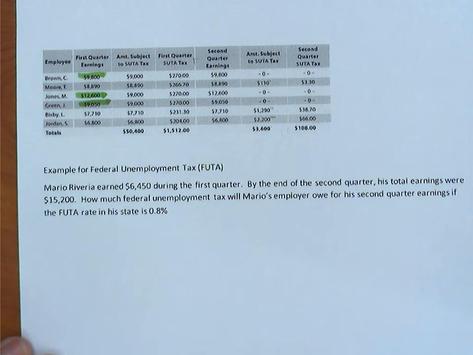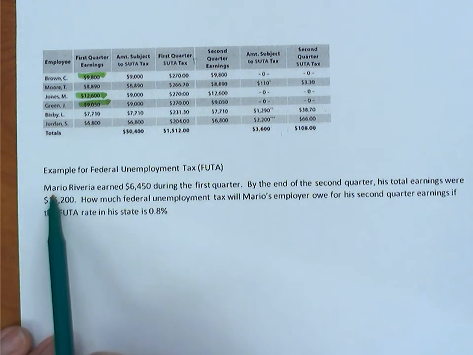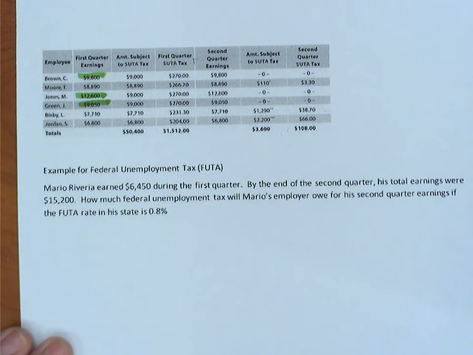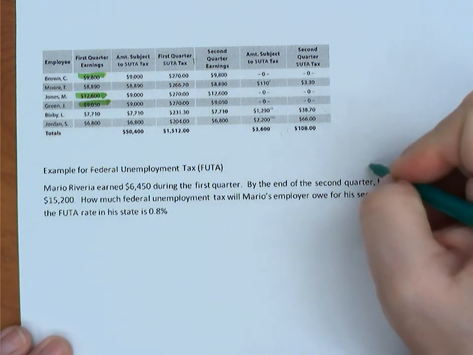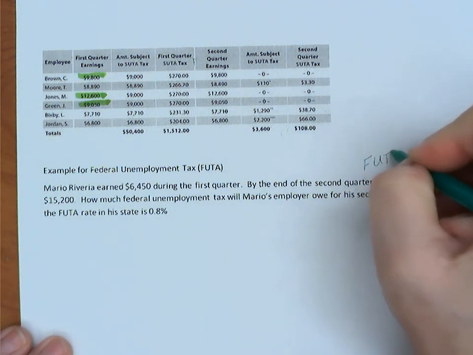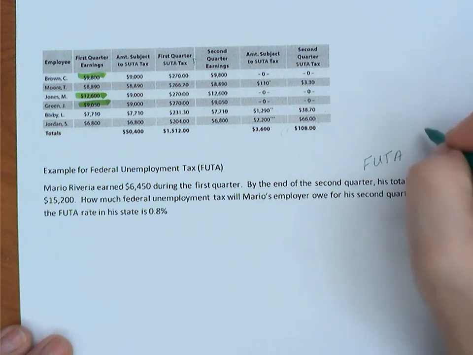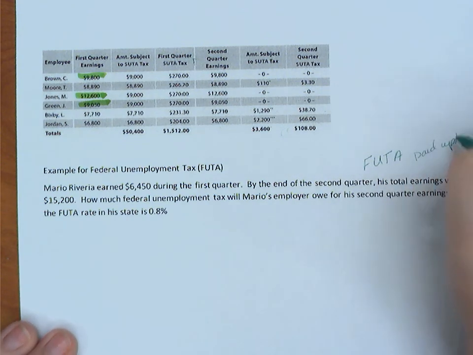To compute the federal unemployment tax, multiply the gross earnings subject to tax by the tax rate. And so here we have Mario Rivera earned $6,450. Well, one of the other pieces of information is the Federal Unemployment Tax Act only requires you to pay a percentage of the first $7,000 of the employee.